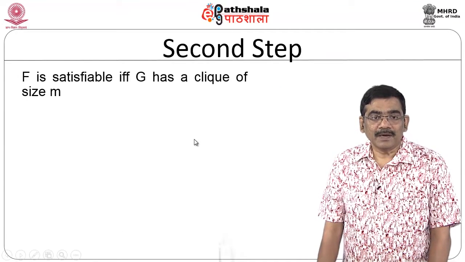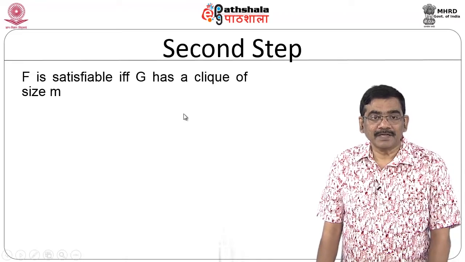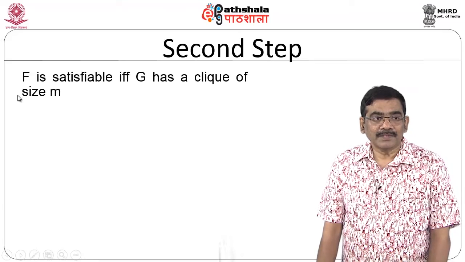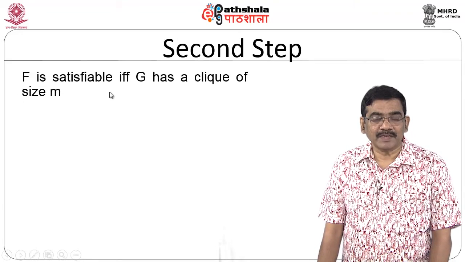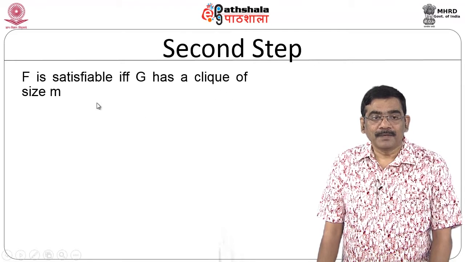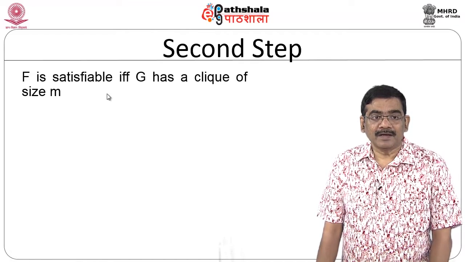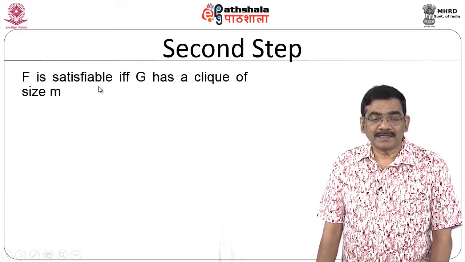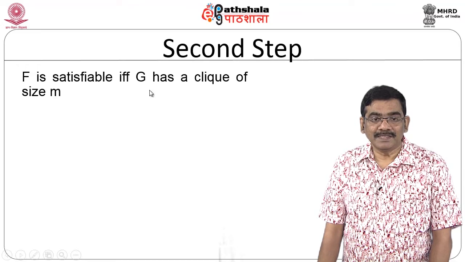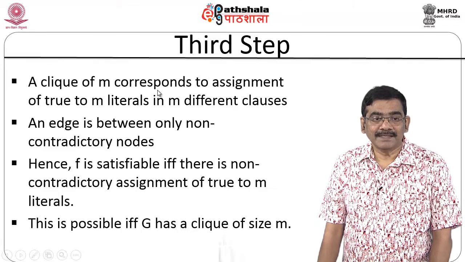Now we are trying to do this reduction, and we are going to say that f is satisfiable if and only if G has a clique of size m. That means the formula f, having m clauses, is satisfiable only if G has a clique of size m.